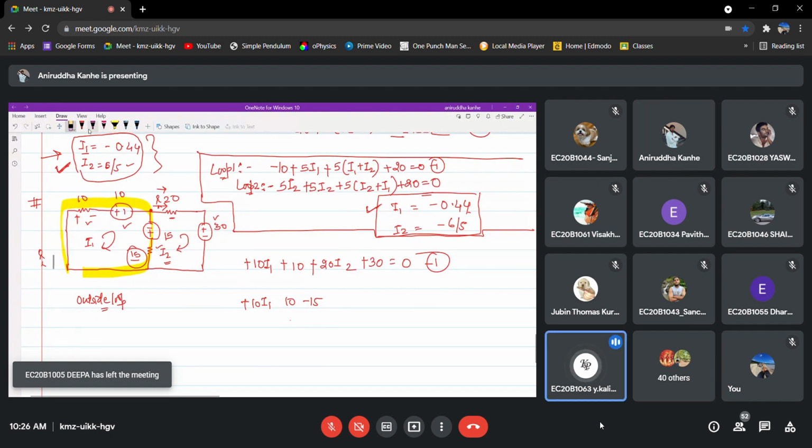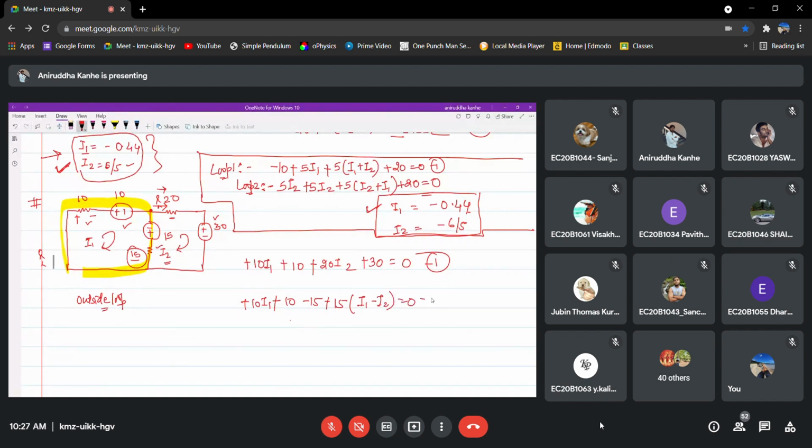Plus, sir. Plus 15 into I1 minus I2. So two equations and two unknowns are there. You can always find out the unknowns. Is that okay? Now, is there any doubt? No, sir. Okay.